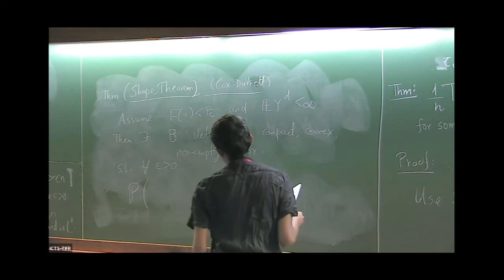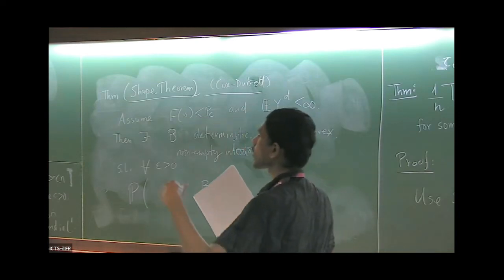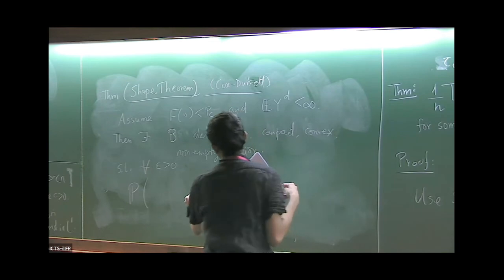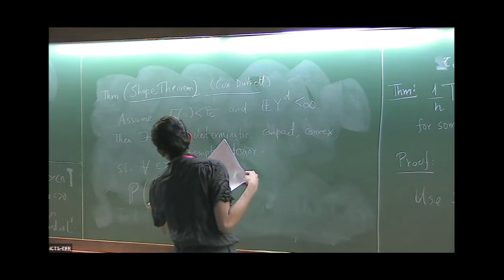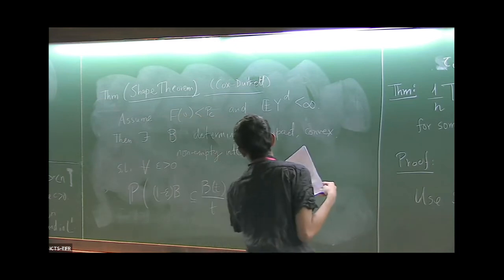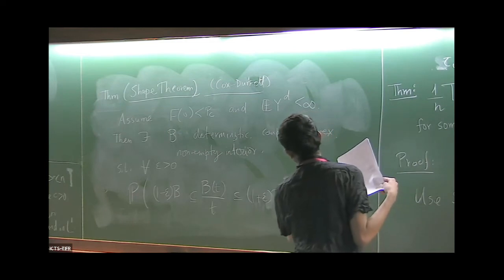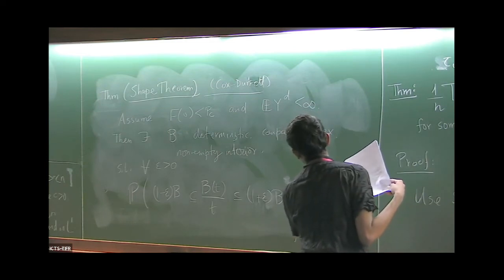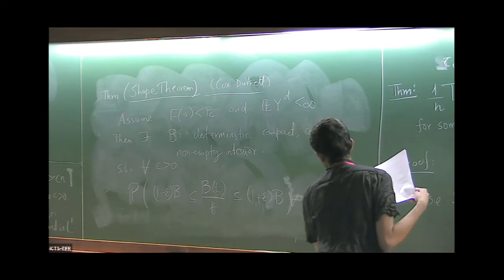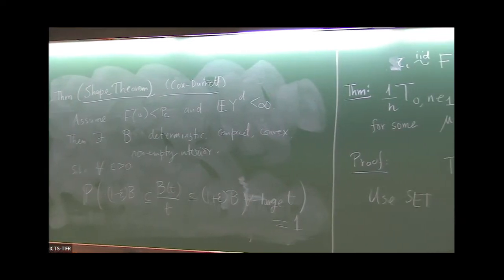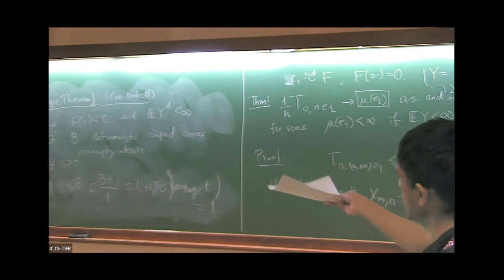Remember, BT is the metric ball, after we have extended the metric to all of R^d, of radius T centered at the origin. So this tells you that in some sense BT over T converges almost surely to this limit shape B, where the convergence is in this particular topology.